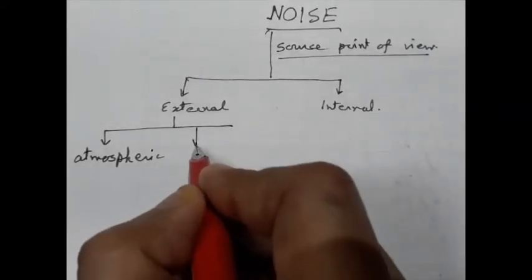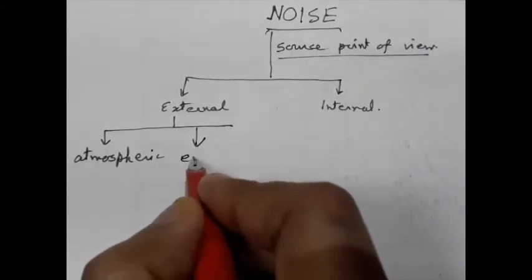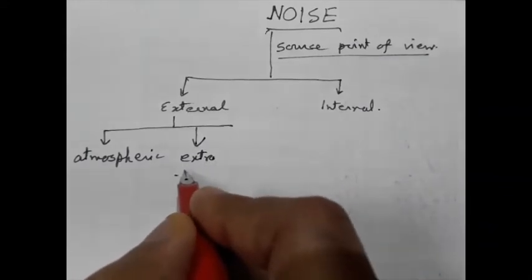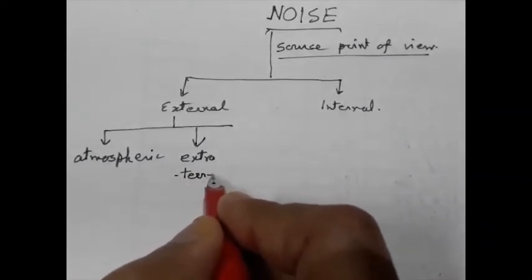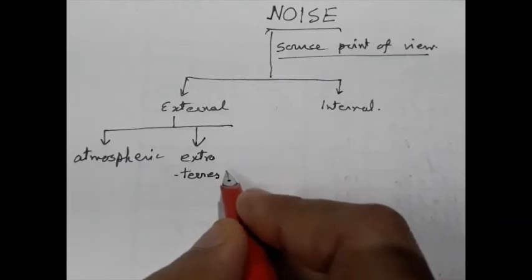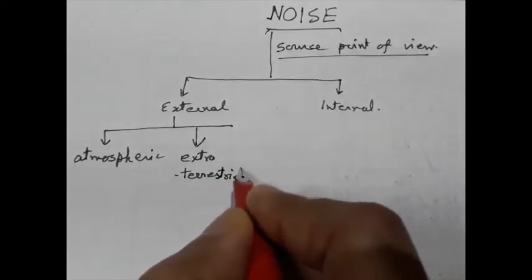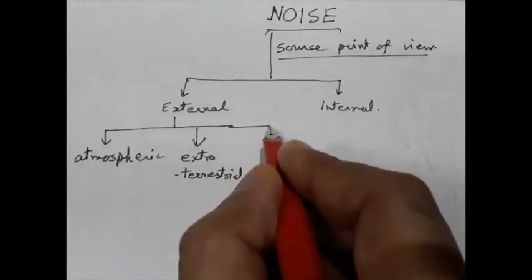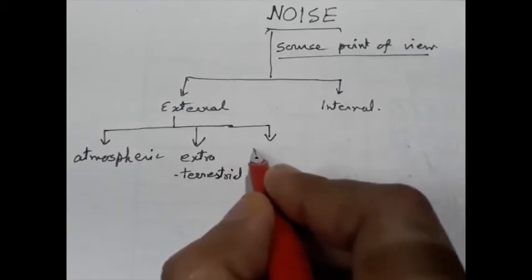Second one is extraterrestrial, and third one is the industrial.